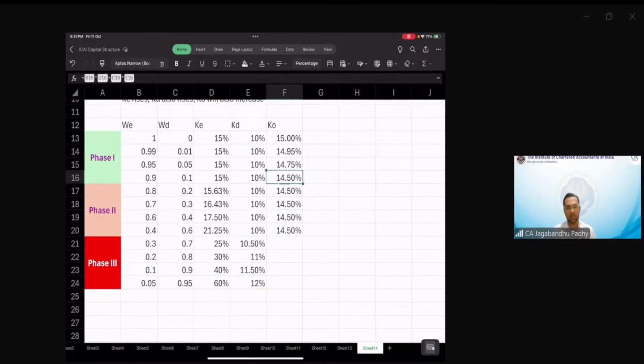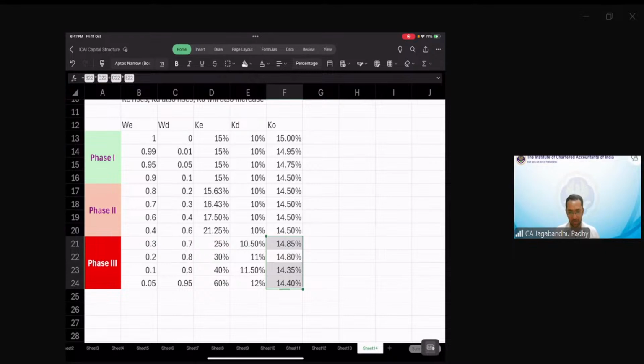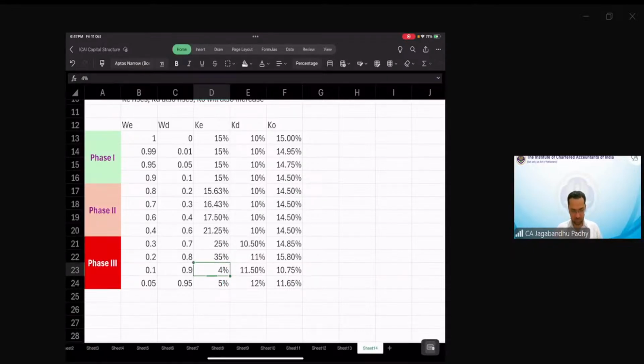Now, of course, the weighted average cost of capital will also change over here. So the weighted average cost of capital is also keeping on rising. So let's say this is 35, this is 45, this is also rising.